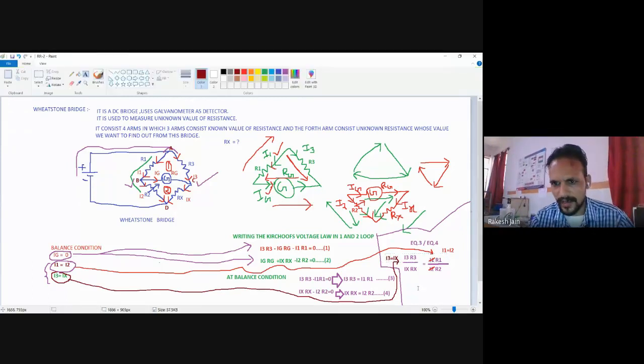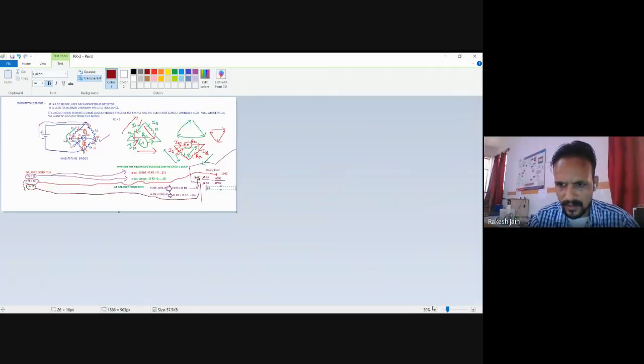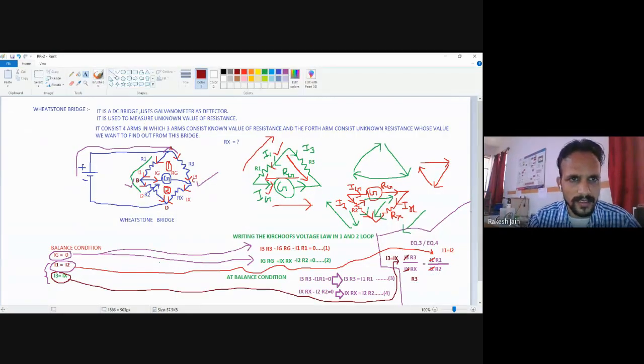Because I3 is equal to Ix, these two values will be cut out from each other. This I3 will be cancelled out from this Ix. So what will be the remaining term at the left hand side? Only R3 divided by Rx.